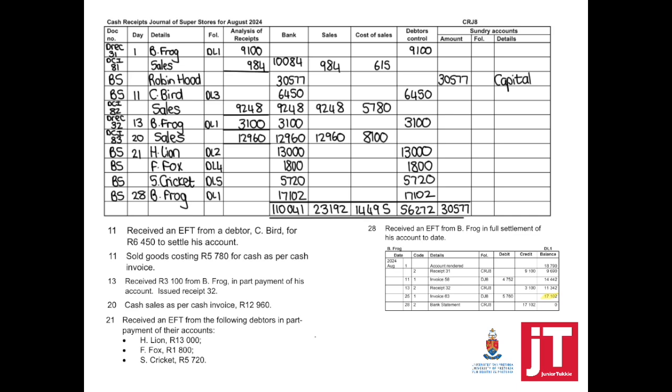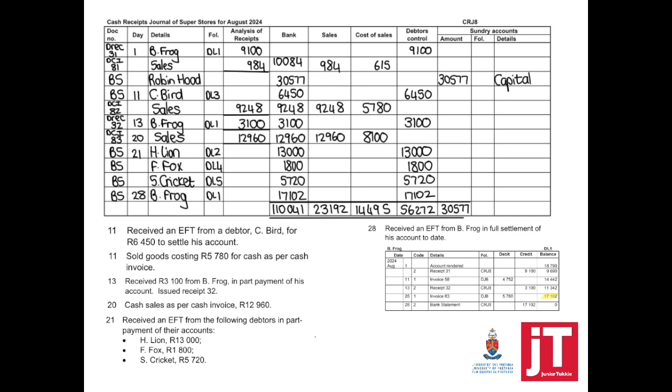If you think about it as well, cost of sales is a non-cash item. It's not that I'm physically paying for cost of sales, and when I make a payment, it goes into the CPJ. So it doesn't make sense. So this means if I take my sales plus the debtors control plus sundry accounts, it should equal the bank total.